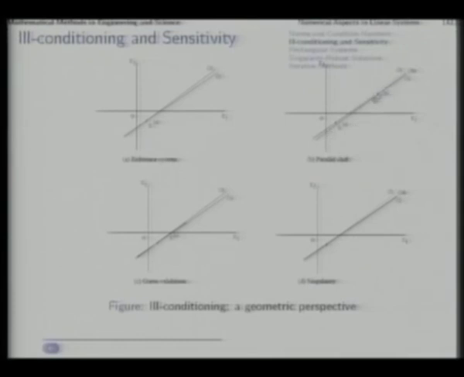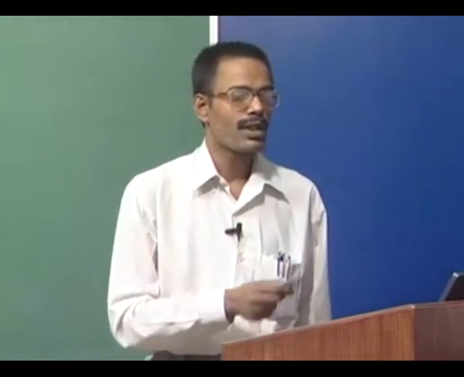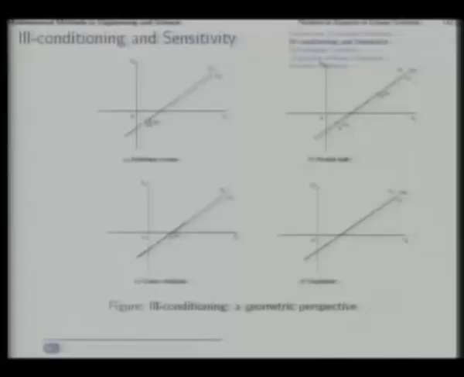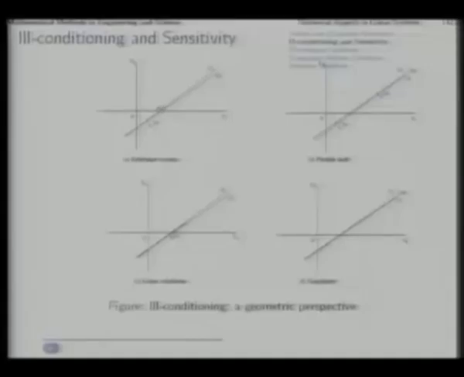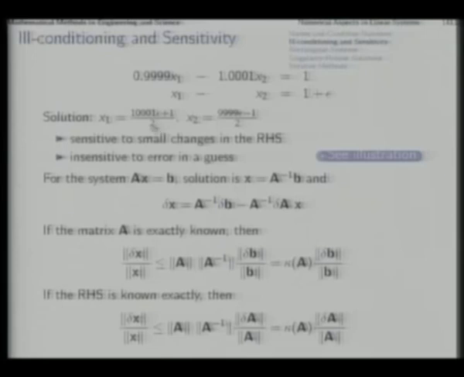If we had tried to validate a guess which is not right, half minus half is the correct solution for epsilon equal to 0. But then if we had decided that we will try a point 1 0, which is somewhere here, even that point 1 0 is extremely close to both the lines, and here if you try to put 1 0 as solution in the equations, you see what you get: 1 into this number minus 0, so this is 0.9999, almost close to 1.